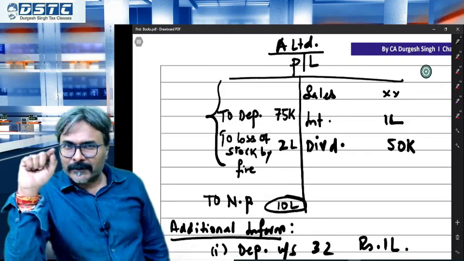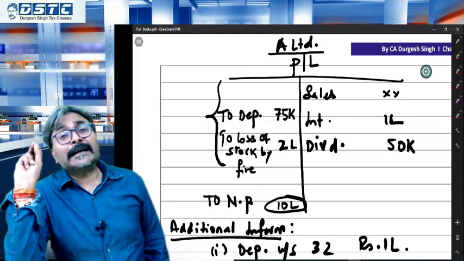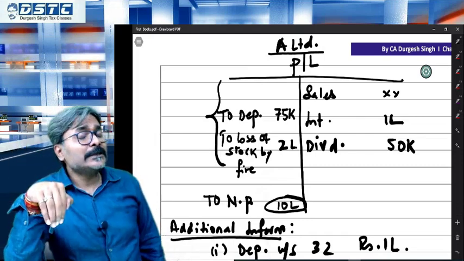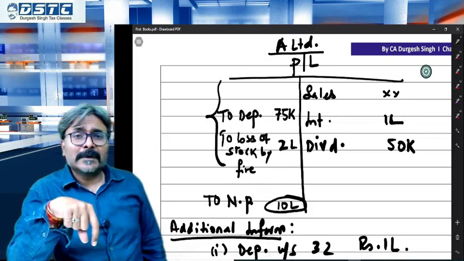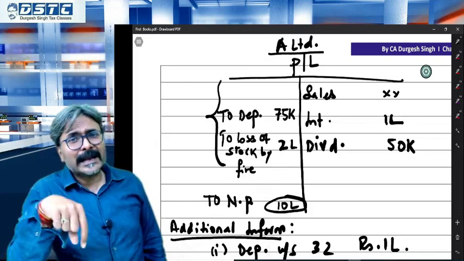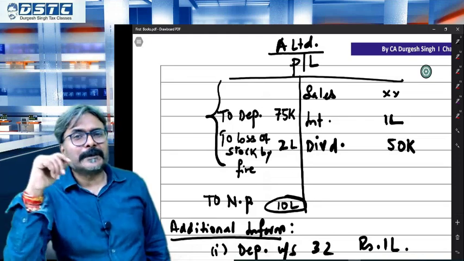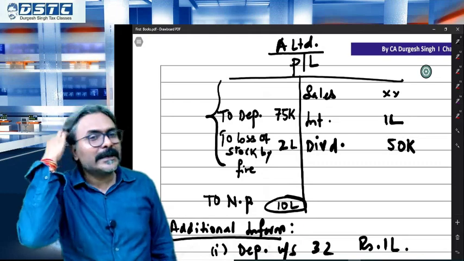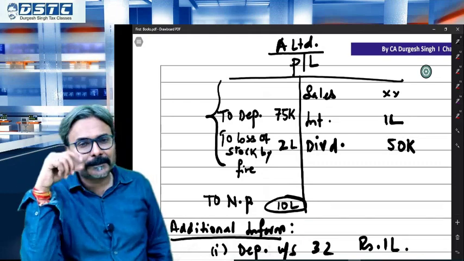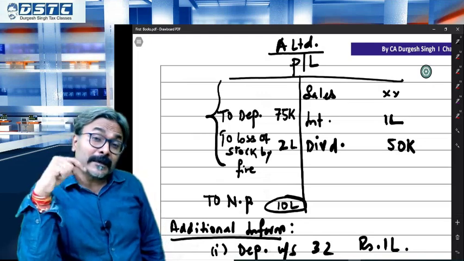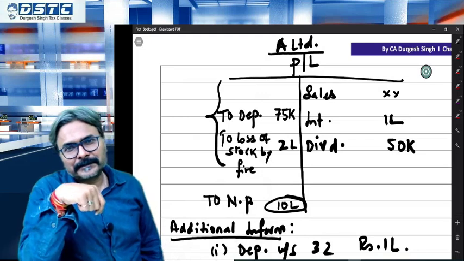As per section 145, in computing the income under the head PGBP and the head IFOS, the income in these two heads shall be computed as per the commercial accounting principle. So as per the commercial accounting principle, you will compute the income under these two heads.